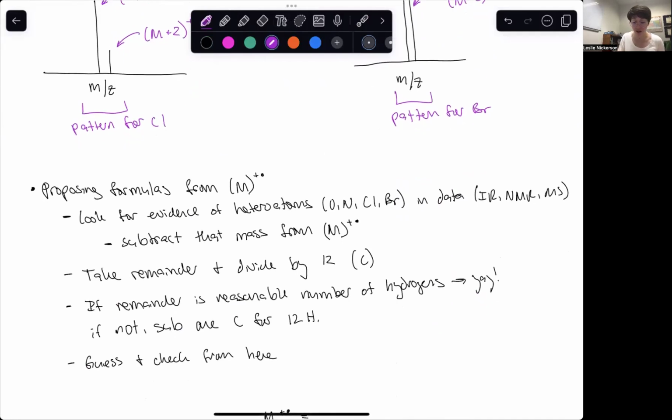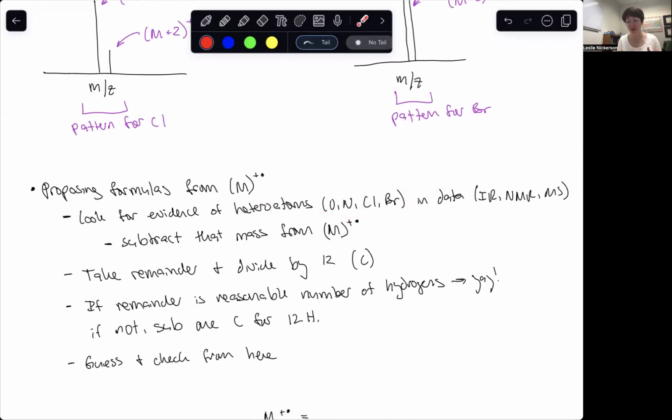If we've got the molecular ion peak and we're proposing formulas for it, the next thing you want to do is look for any evidence of heteroatoms, including oxygen, nitrogen, chlorine, bromine, etc. These are the more common ones that we're going to run into. Look for that evidence in any of the data you've got: IR, NMR, mass spec, any of those.